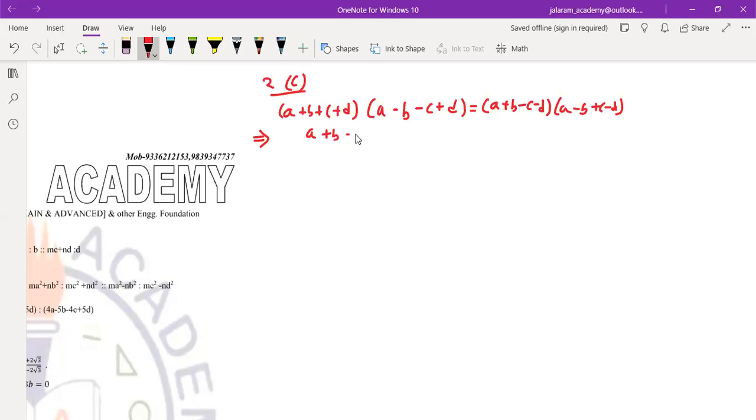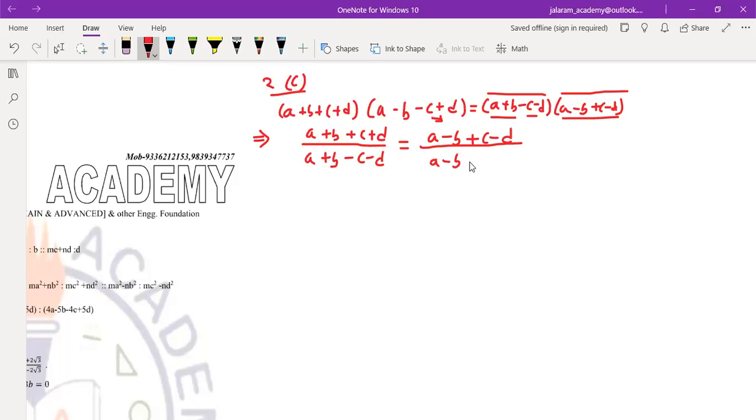So the first term A plus B plus C plus D is there, and we will bring one of the terms from the right hand side to the left hand side, in the denominator. We observe that the term A plus B minus C minus D matches the first two terms of the numerator, so we bring it to the denominator of the right hand side, and the left hand side is left only with A minus B plus C minus D. In the denominator, if we bring the term of the left hand side, A minus B minus C plus D, we observe that it also has the first two terms identical.